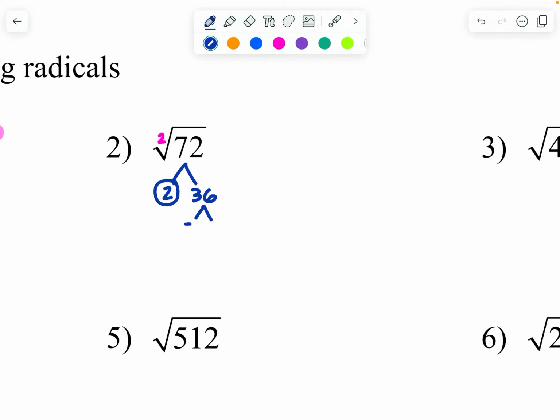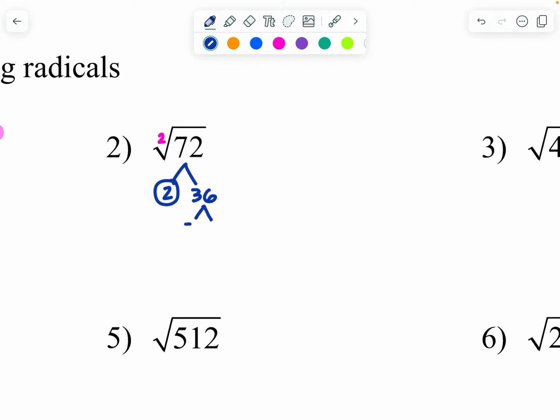And so the square root of this first one is just 2. The square root of this one is just a 3. And then what's left underneath is a lone 2. And so what's my answer? My answer for this one is 6 root 2. Notice that we got the same answer for both of these questions, but we did them in different ways.